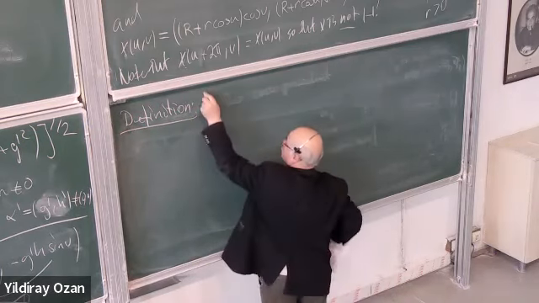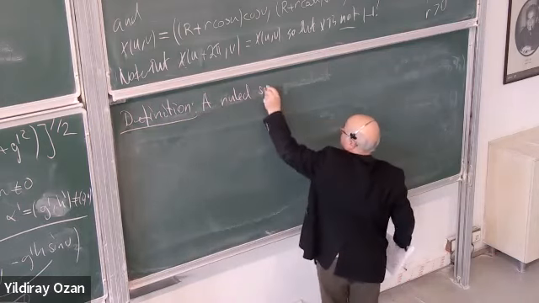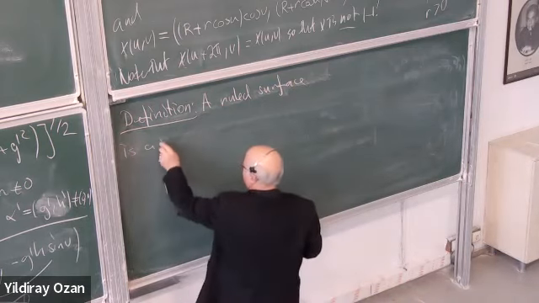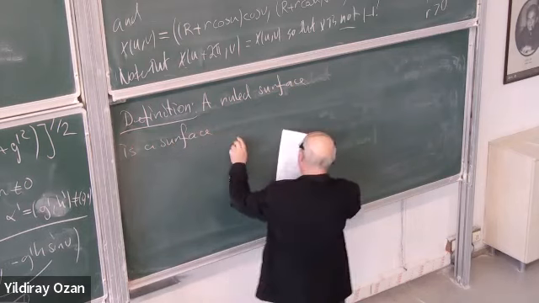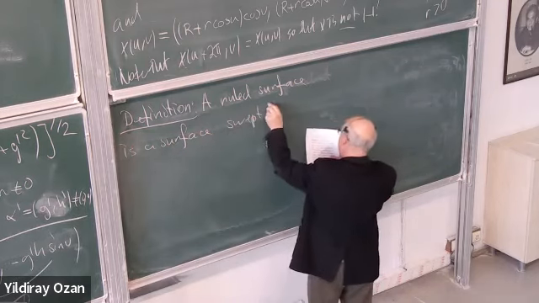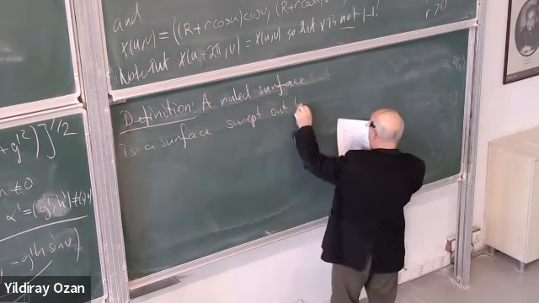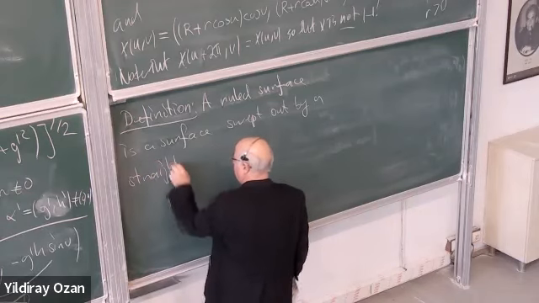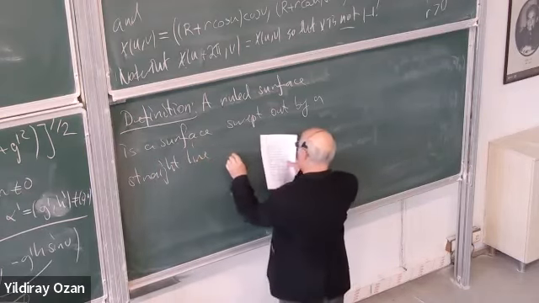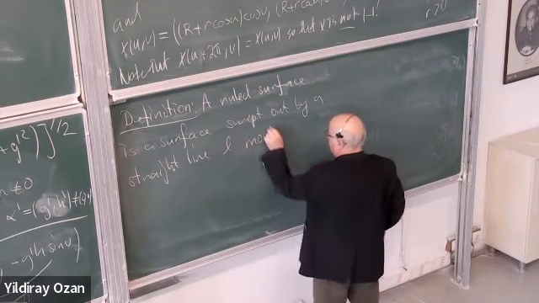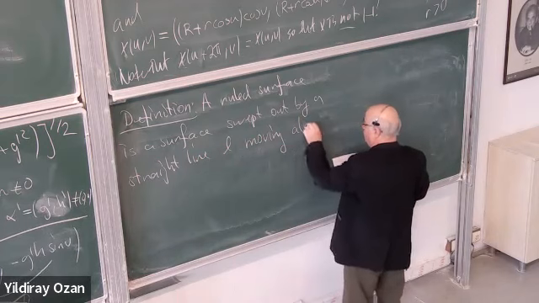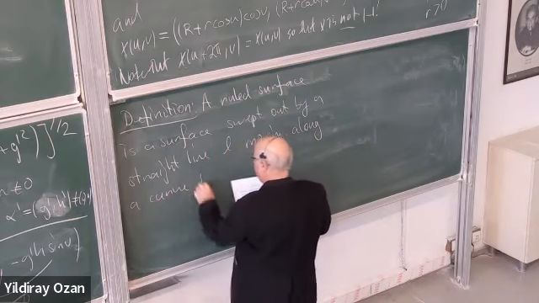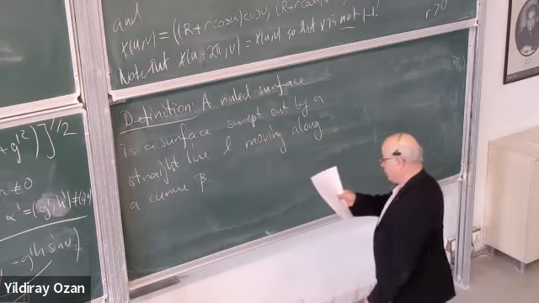A ruled surface is a surface swept out by a straight line L moving along a curve beta.